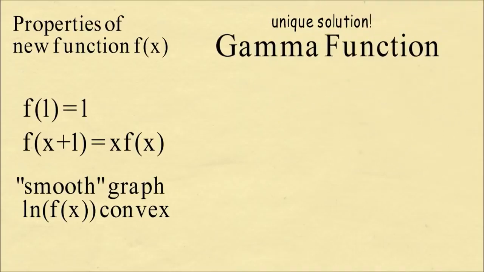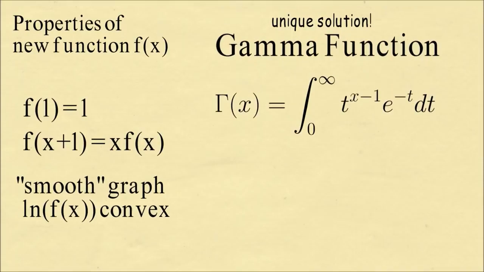So that's how we can extend the factorial function, and it's a complicated function. The gamma of x is equal to the integral from 0 to infinity of t to the power of x minus 1 times e to the power of minus t dt. So this will converge for some values of x. It won't converge for other values.